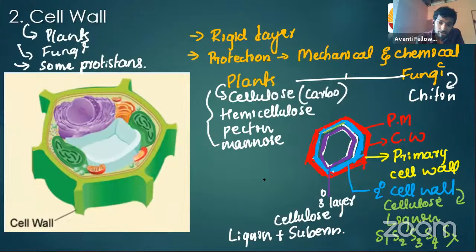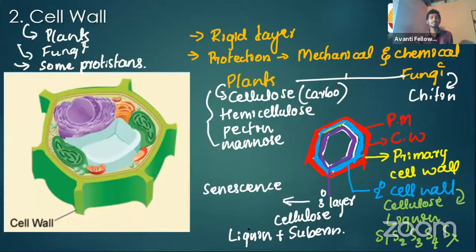You can find a tertiary layer in plants or cells near death or in senescence, when the plant loses all its leaves.